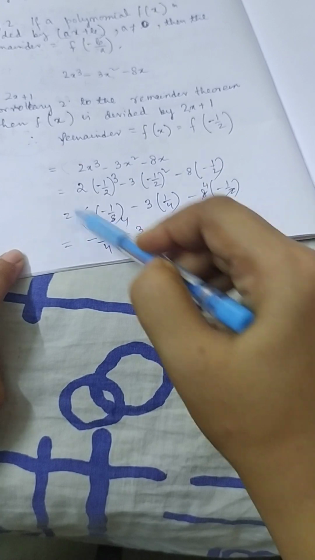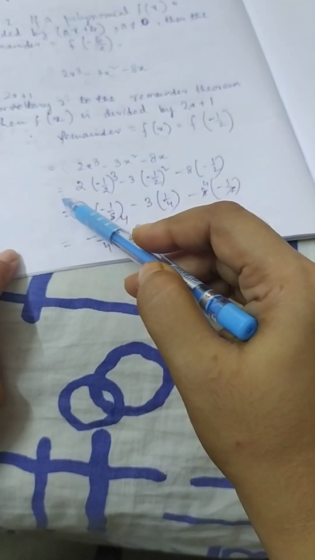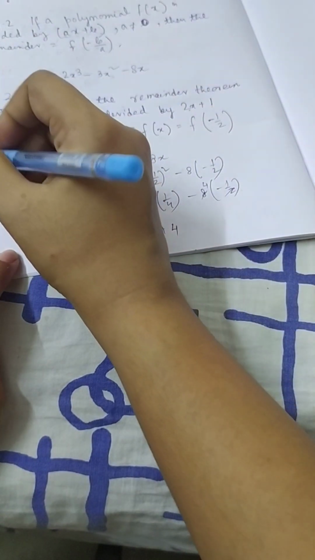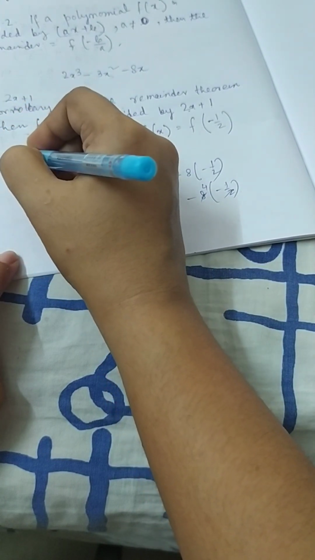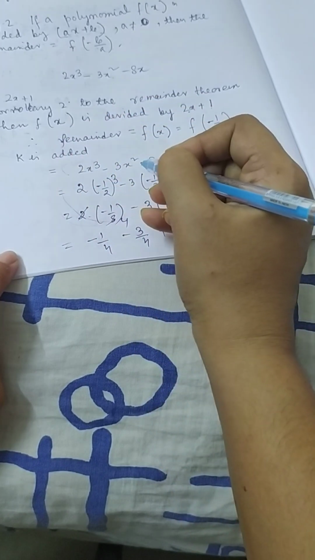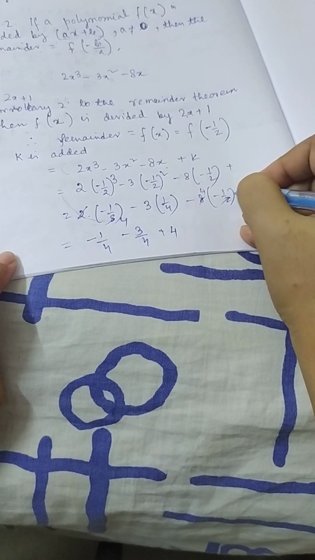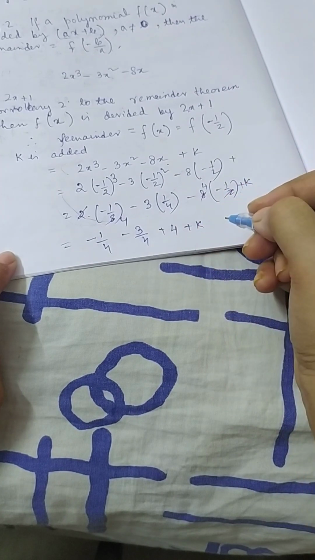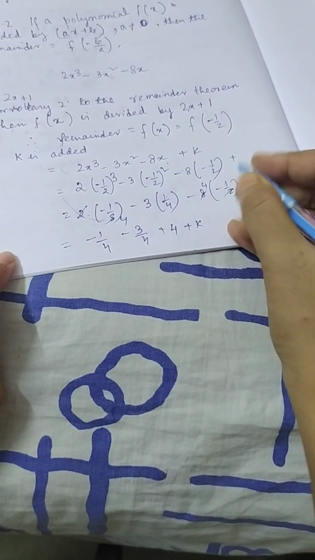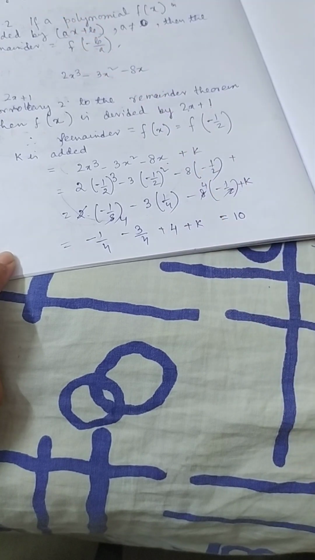Now remember one thing that I have told, that we need to find what should be added. That means something is added to this polynomial so that the remainder will be 10. Now let k be added to the polynomial. So I will put plus k like this, and then the total remainder will be 10, which is given already.